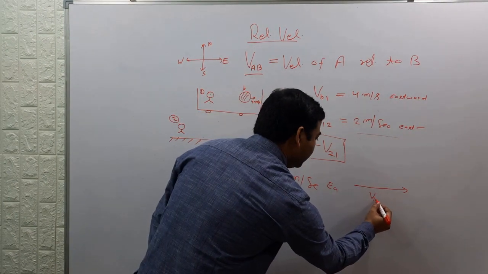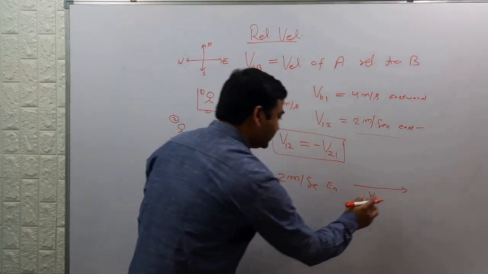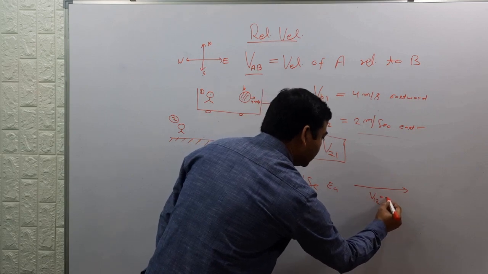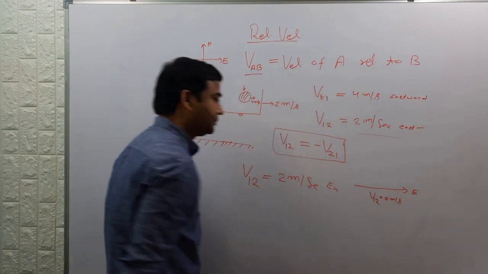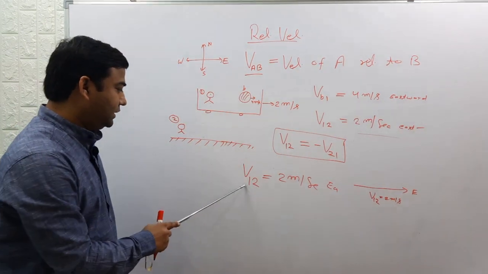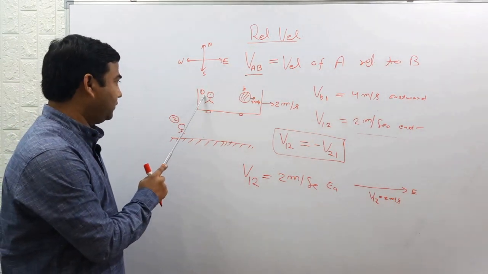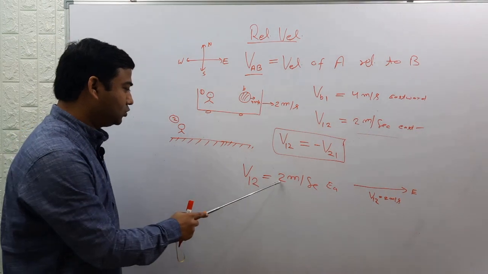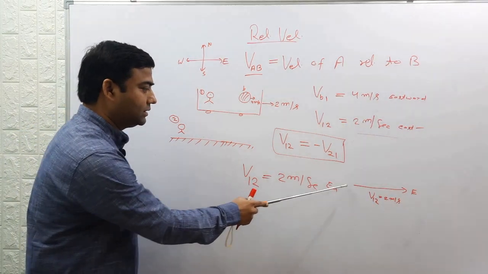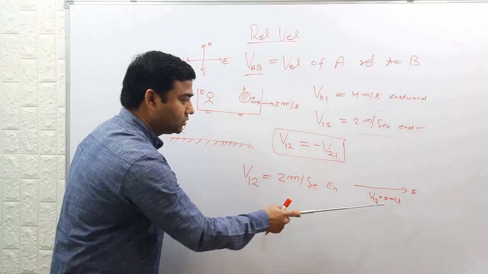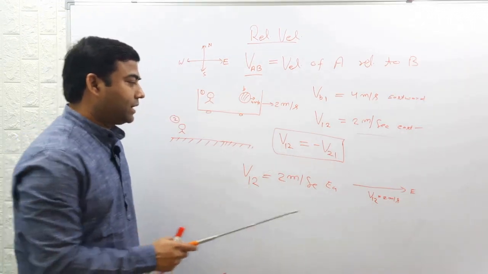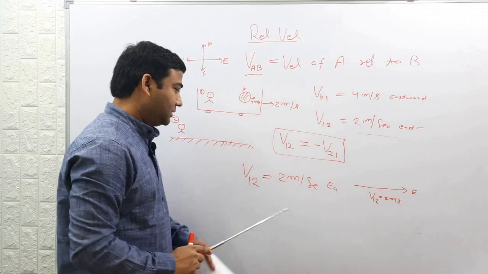This is vector V12. The magnitude of this vector is 2 meters per second in the east direction. So V12, that is velocity of 1 with respect to 2, is 2 meters per second eastward, represented by this vector whose magnitude is 2 meters per second and direction is toward east.